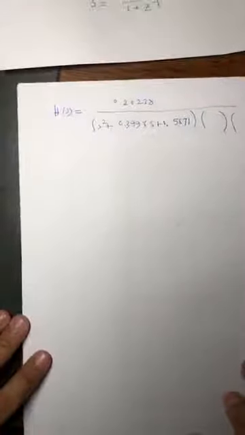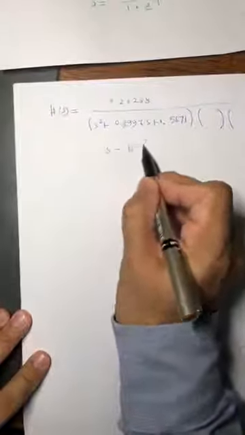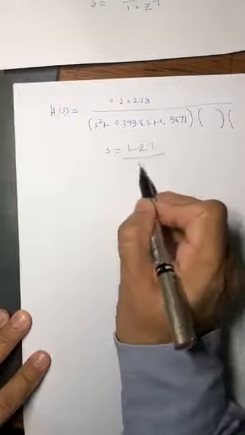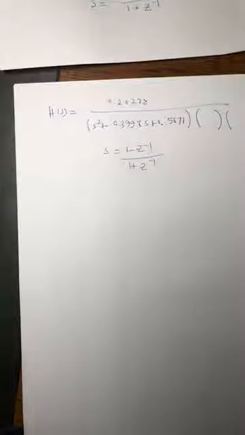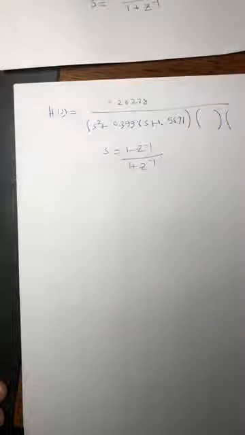And now the transformation is very simple. All you have to do is replace s by 1 minus z inverse over 1 plus z inverse. Okay, and again, I don't want you to do this yourself because it'll take you forever replacing s, but you know, MATLAB can help you to do that.